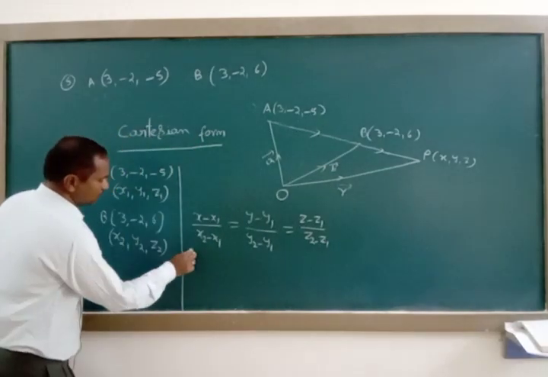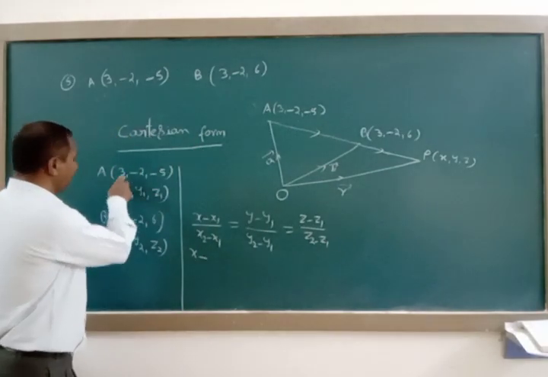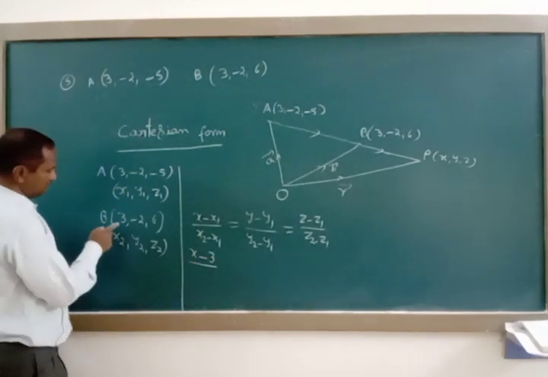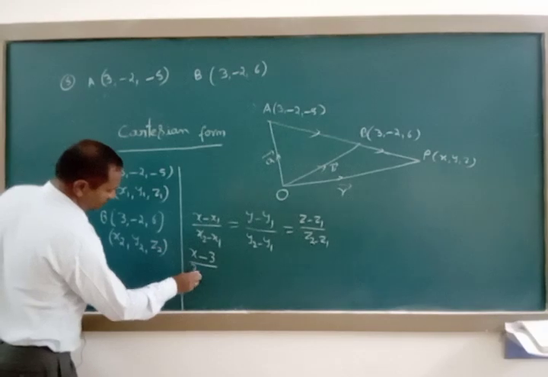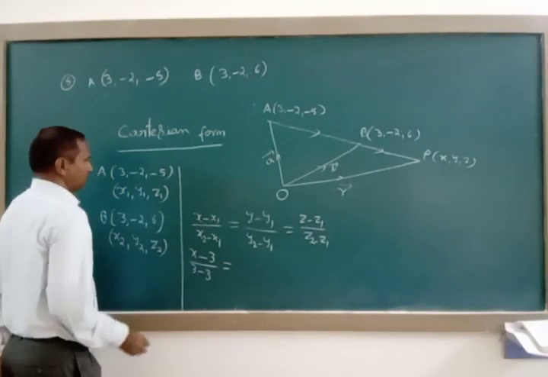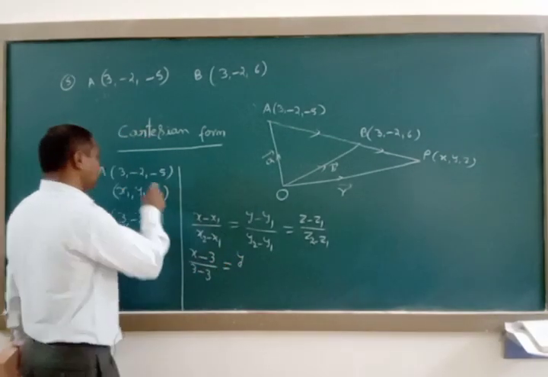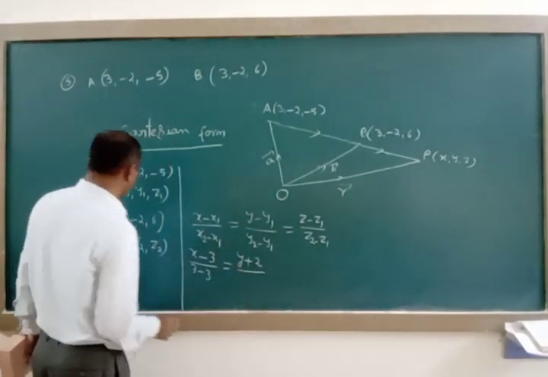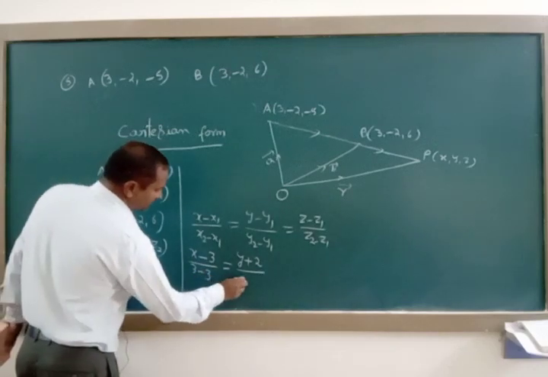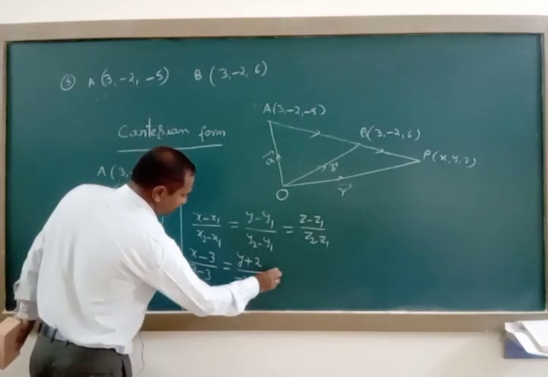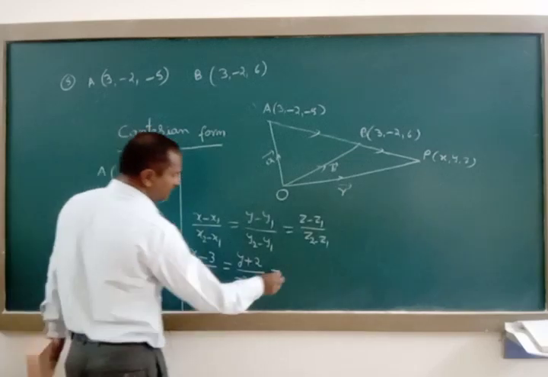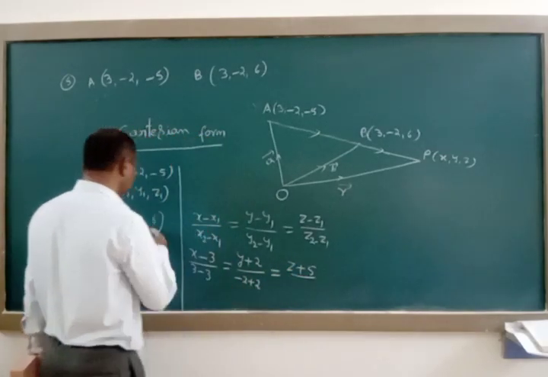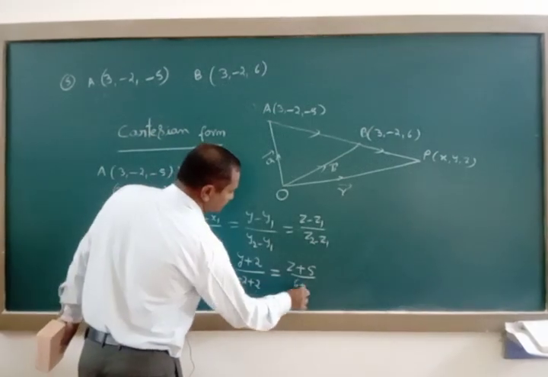That is, (x minus 3) divided by (3 minus 3) equals (y minus y1), where minus of minus 2 gives plus 2, divided by (y2 minus y1) which is minus 2 minus of minus, plus 2, and (z minus z1), which is z minus of minus, plus 5, divided by 6 minus of minus, plus 5.